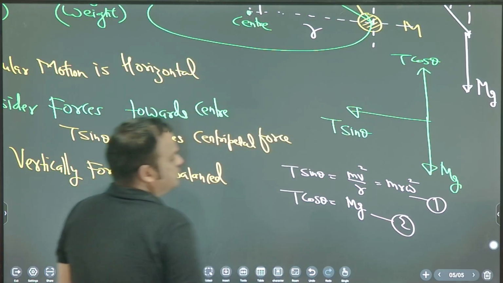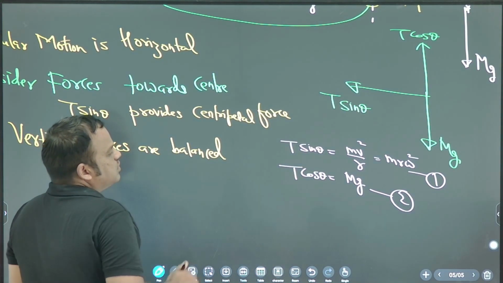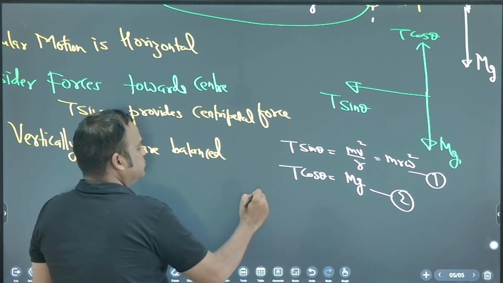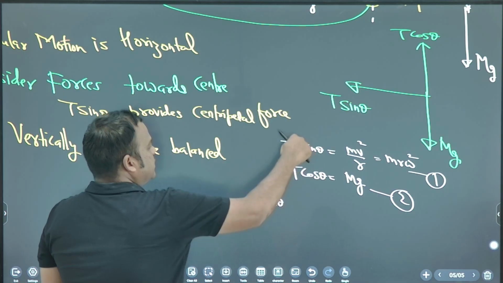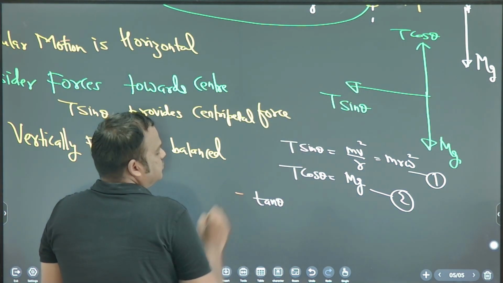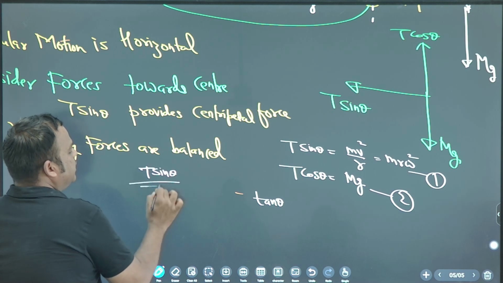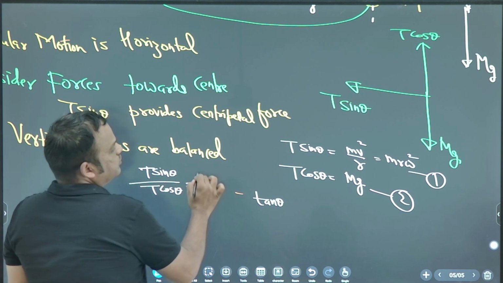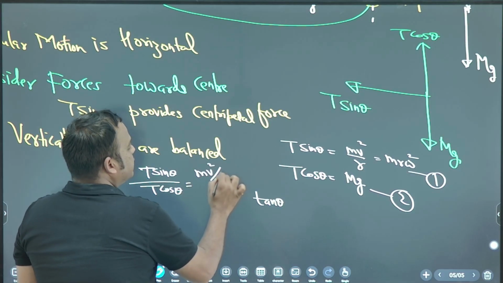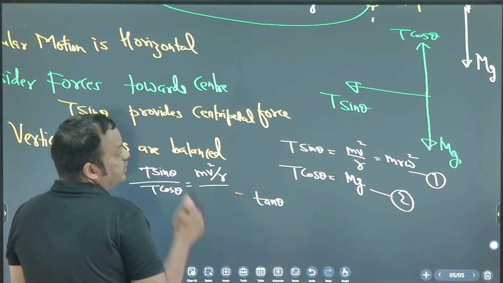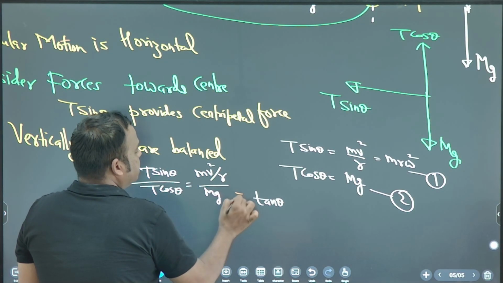Second equation. Now you calculate tan theta. Divide these two. T sine theta by T cos theta is equal to mv square by r divided by mg.